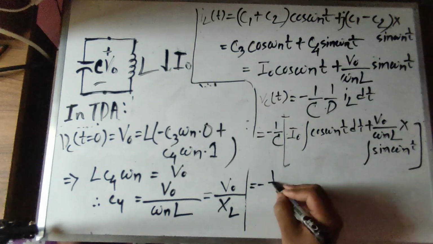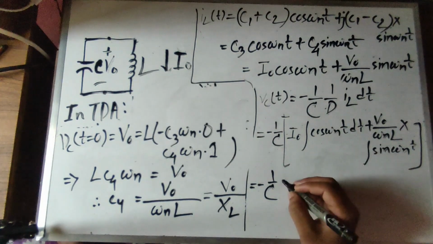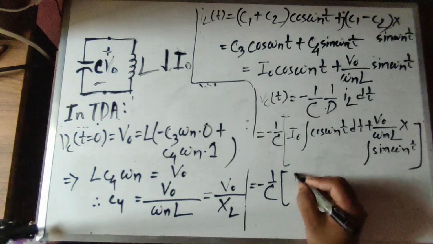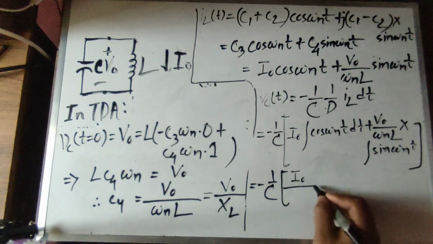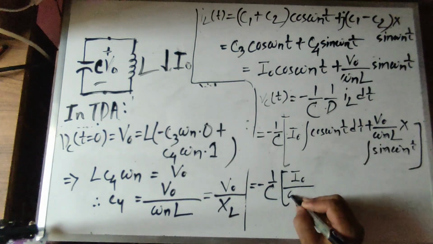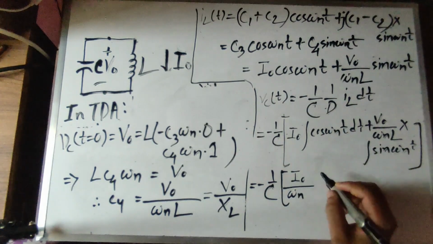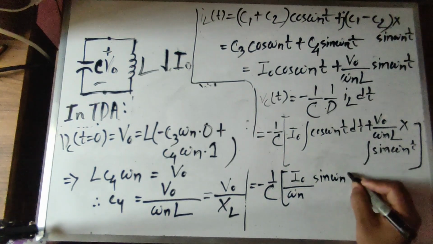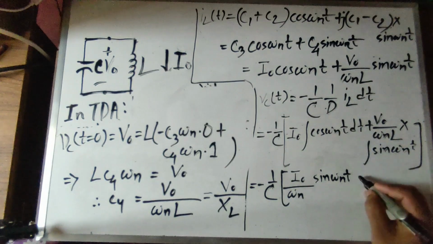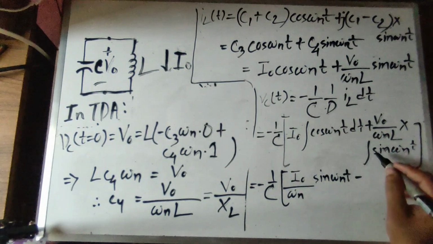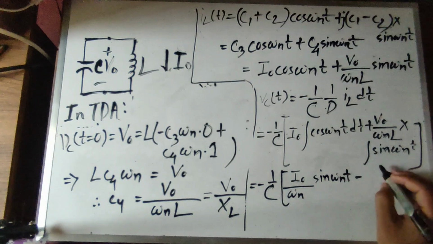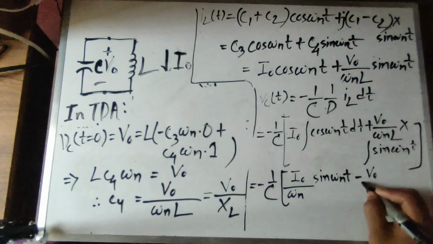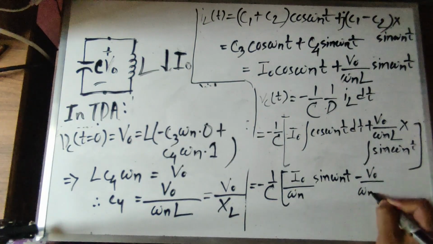Now minus 1 by C, minus 1 by C, I0, the initial current in the inductor, by omega n, and the integration of cos is sine, obviously sin omega nt, and here it will be minus, because integration of sine will give minus cos omega nt, so minus cos, V0, the initial voltage across the capacitor, divided by omega n.